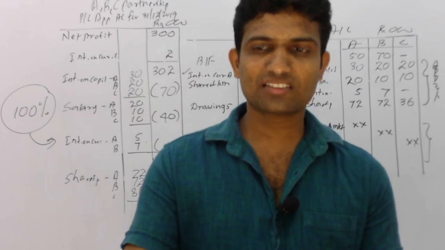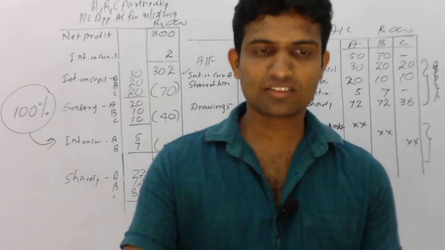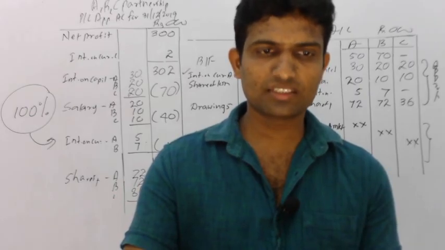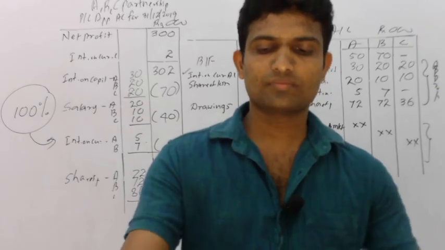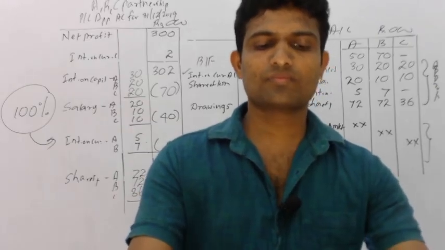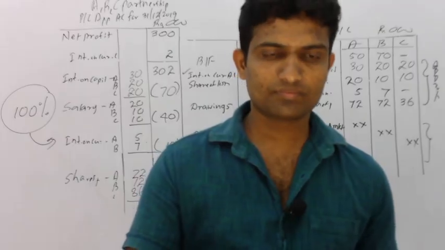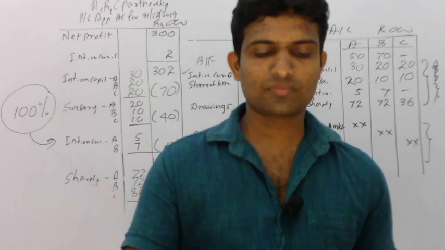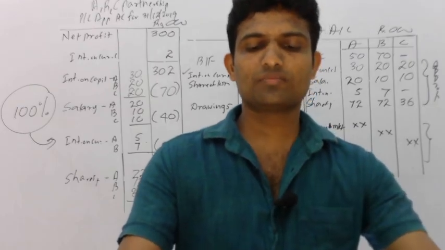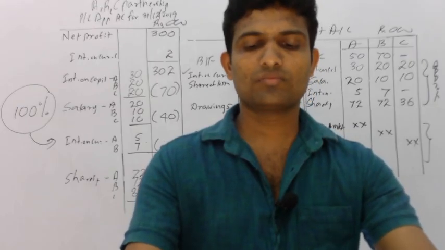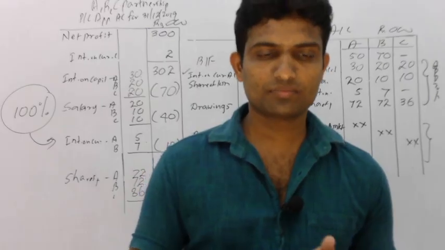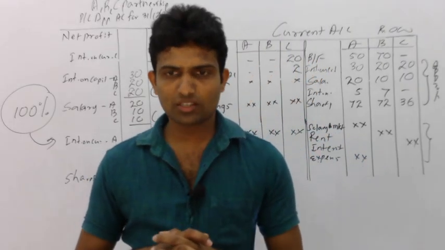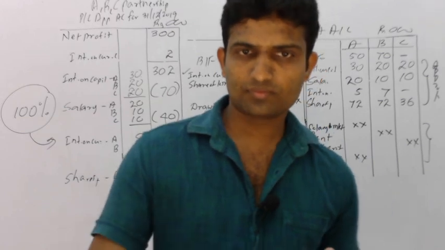Here you can write current account debit, and profit and loss appropriation account credit. Current account debit, profit and loss appropriation account credit.